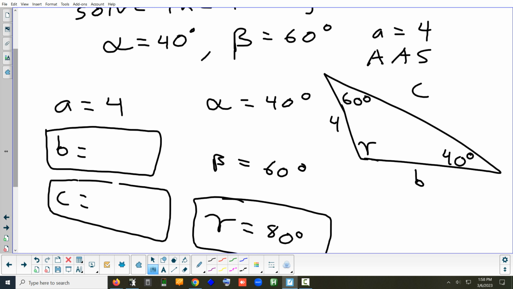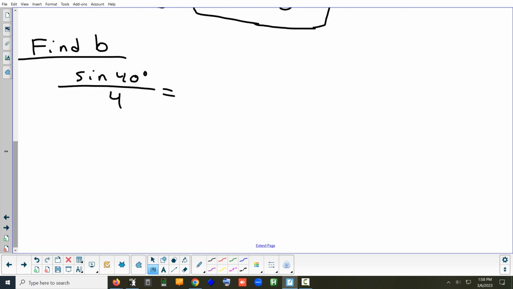So sine of 60 divided by b. Now look at, that's called a proportion. Make sure that in the four spots, three out of four of them are numbers, and then the last one can be a variable.